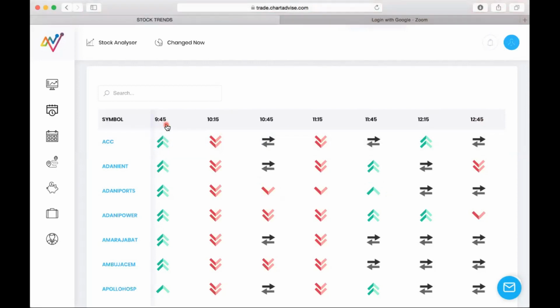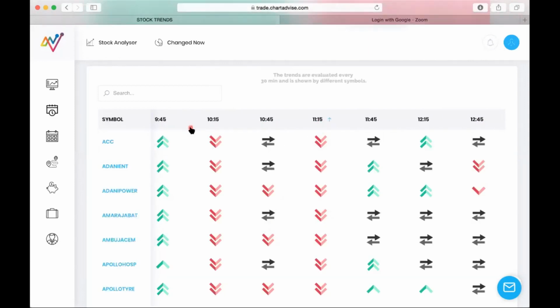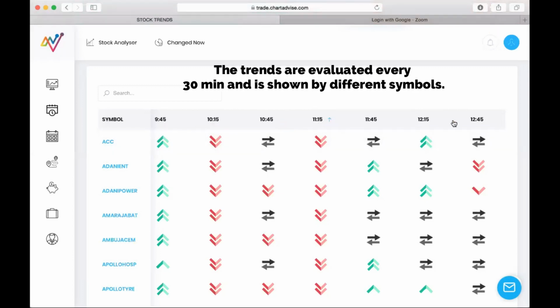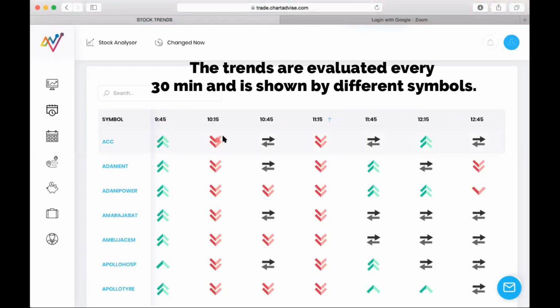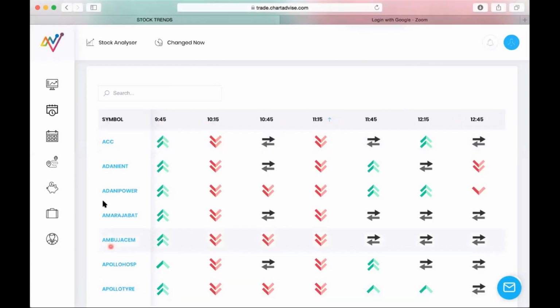Like over here, you can see 9:45, 10:15, 10:45, 11:15. These are all various 30-minute intervals, and these arrows show how these stocks have performed in these intervals. For example, the first stock ACC, between 9:15 to 9:45, was in a strong uptrend.